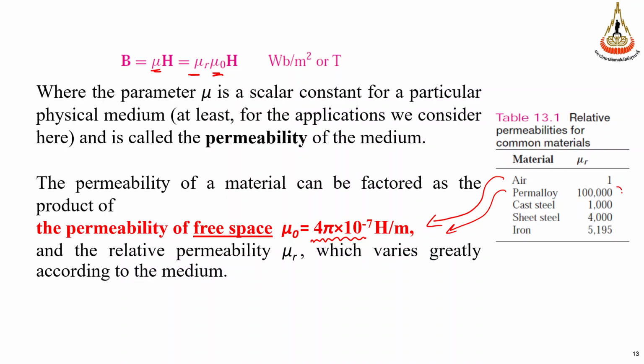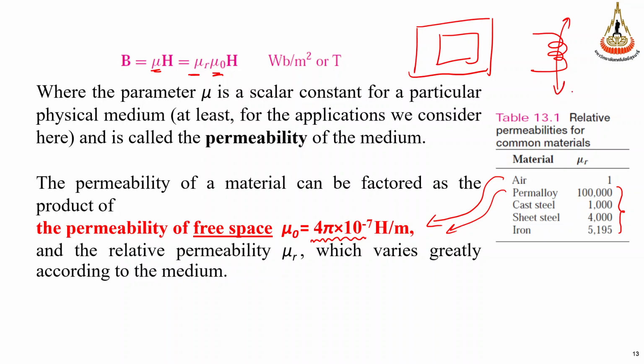So the permeability of the material is very important. If we just have a coil in air, it's mu zero permeability.